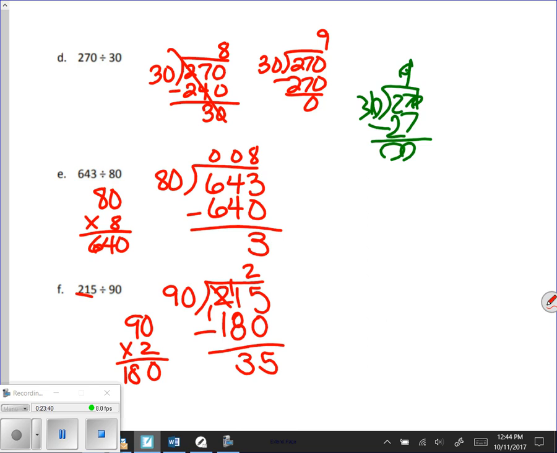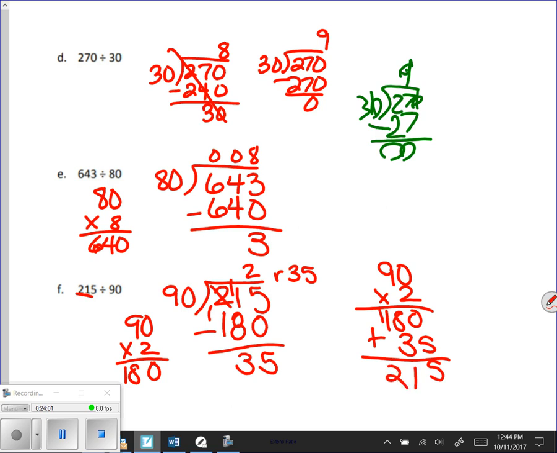However, as long as it's smaller than your divisor, you're fine. So 2 with a remainder of 35. Then you might want to check it. 90 times 2 was 180 plus 35, 250.